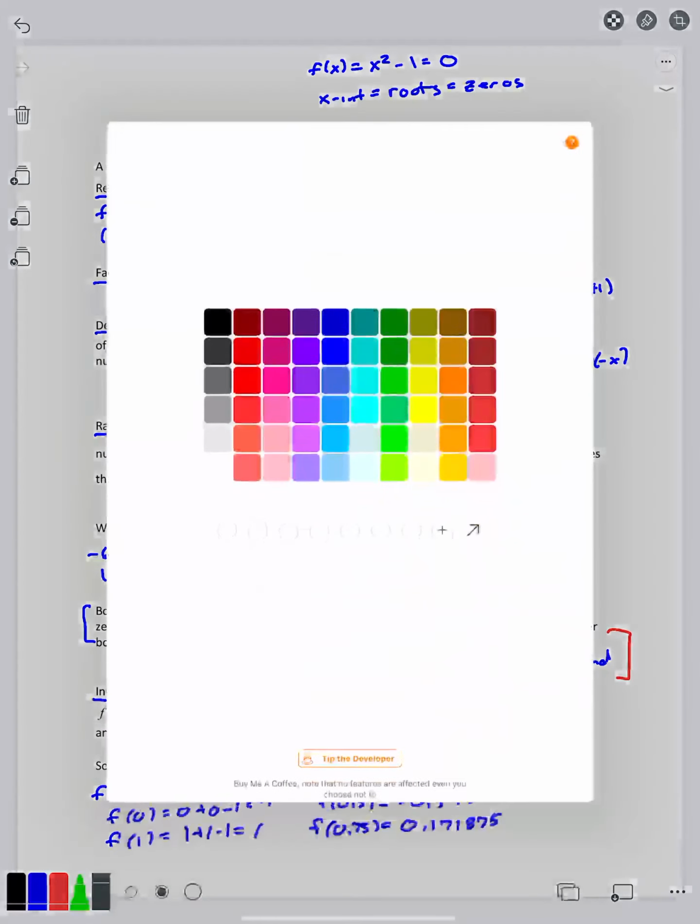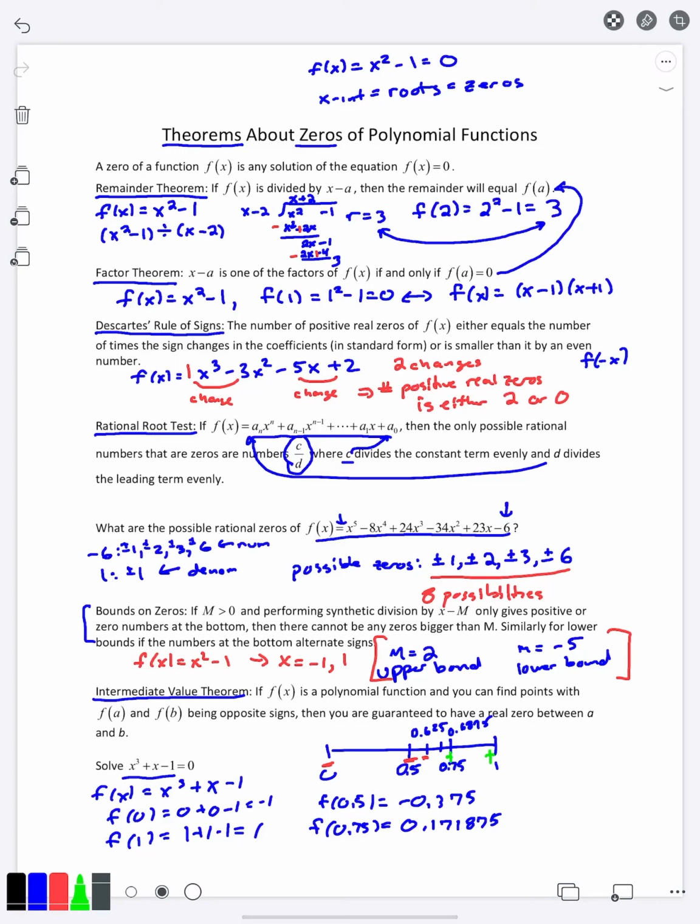And I'm going to get a positive answer there. And so what I've done is after doing like 4 or 5 steps of this, I know the answer is between 0.625 and 0.6875. Now the intermediate value theorem does not tell me the exact correct answer, but look at this.